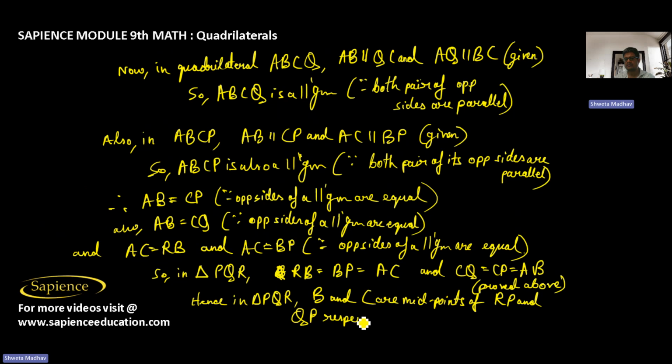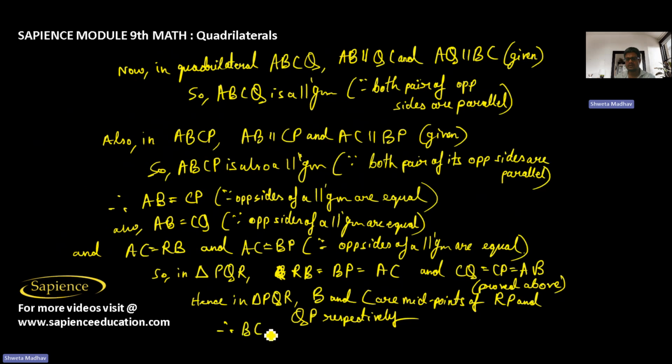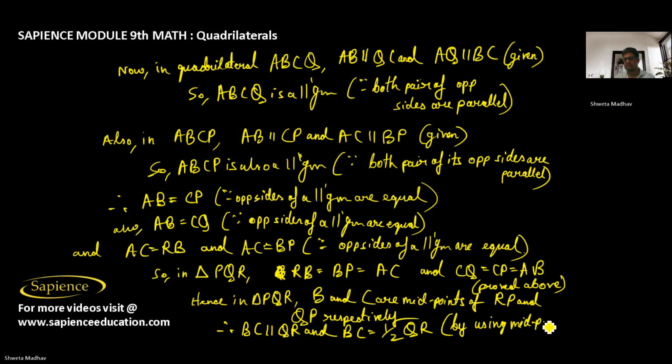Therefore, BC is parallel to QR, and BC is equal to half of QR by using the midpoint theorem. So hence proved.